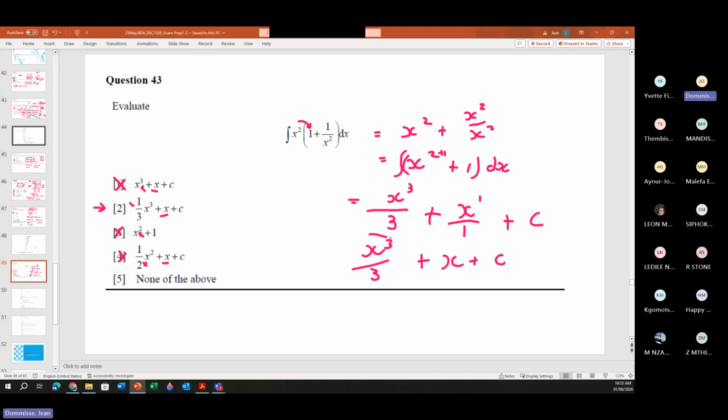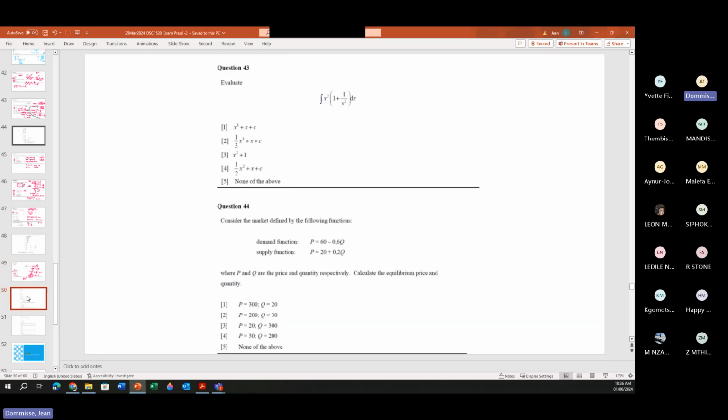Okay, and just remember that x to the power of 3 divided by 3 can also be written as a third times x to the power of 3. Okay, so this was integration.